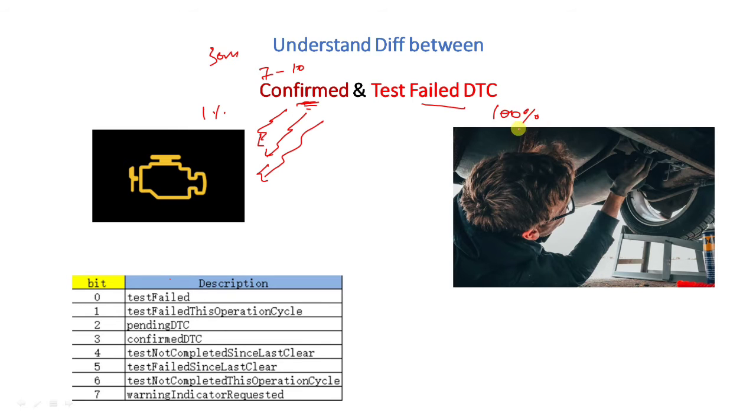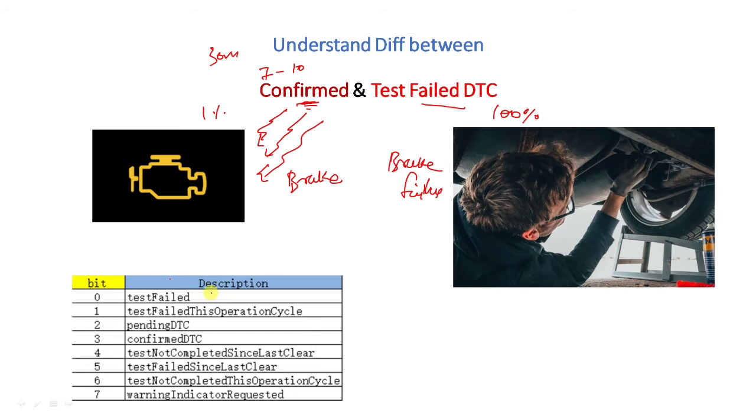For example, if there is some issue with the brake, maybe the brake is not properly handling to decelerate or stop the vehicle. Here it's a complete kind of brake failure. So that's what this bit is.